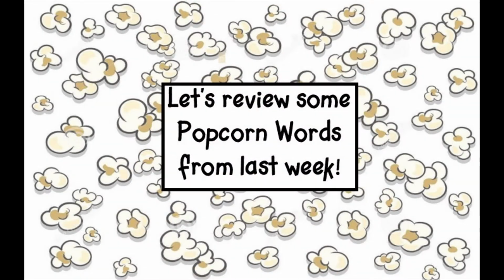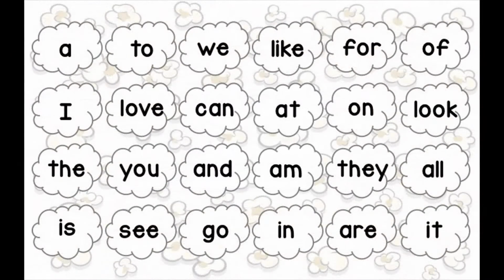Now let's practice our popcorn words. We've been learning 2 sets of popcorn words, List 1 and List 2. We'll start by reviewing List 1. Get your pointing finger ready. We're going to start at the top left.